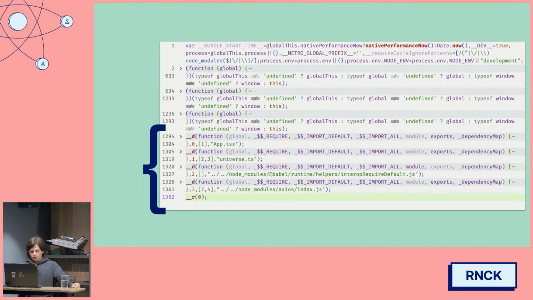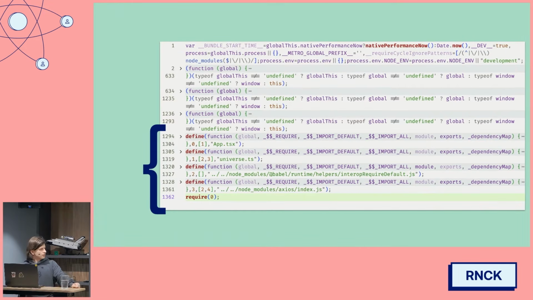And what are those? Well, they are actually define and require. Define defines a module in a lazy fashion, and a module in the bundle terms is just a single file. As we can see, there's the define of app.tsx, define of universe.ts, and the require is a require call just like in Node API, which takes a module and invokes its code.